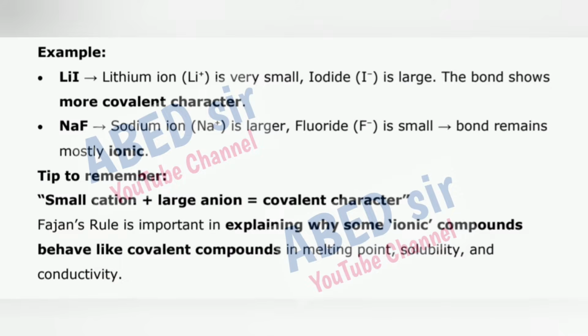NaF: sodium ion, Na⁺, is larger, fluoride, F⁻, is small, so the bond remains mostly ionic. Tip to remember: small cation plus large anion equals covalent character. Fajan's rule is important in explaining why some ionic compounds behave like covalent compounds in melting point, solubility, and conductivity.